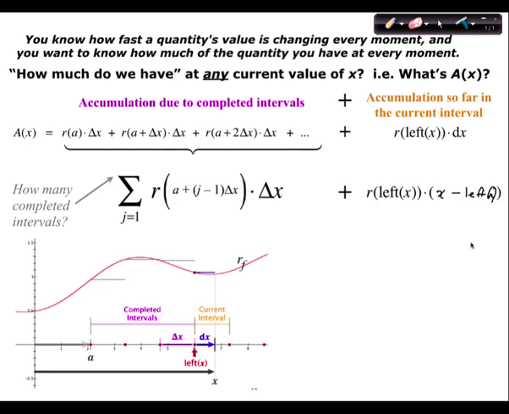So the only thing left is how many completed intervals at value x. That's what we did at the end of class last time. Remember, j is going to start at 1 and go to the total number of completed intervals. What is that?